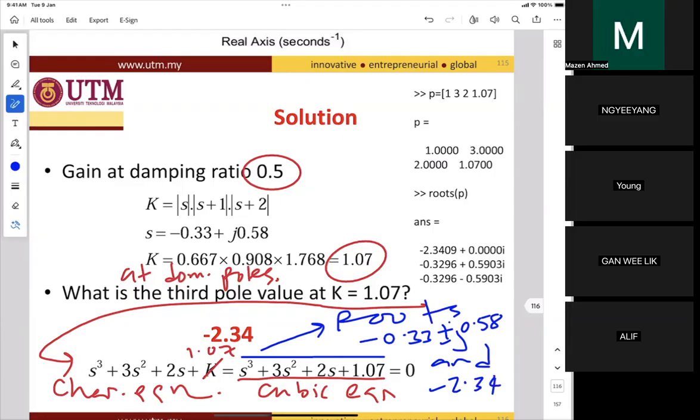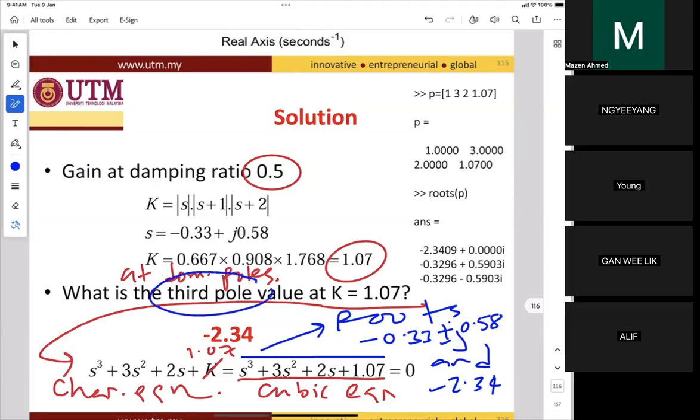Negative 2.34 and negative 0.33 plus minus J 0.58. The complex conjugate pair minus 0.33 plus minus J 0.58 is the dominant pole. The remaining pole, minus 2.34, is your third pole.